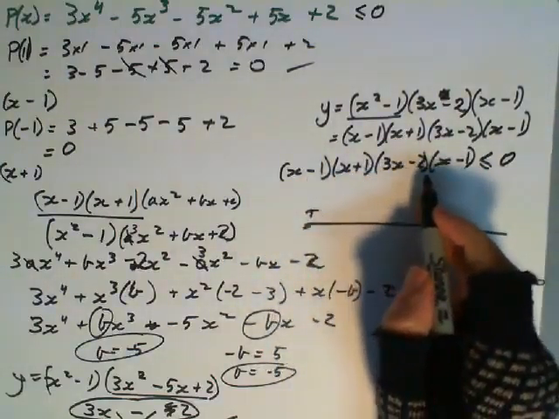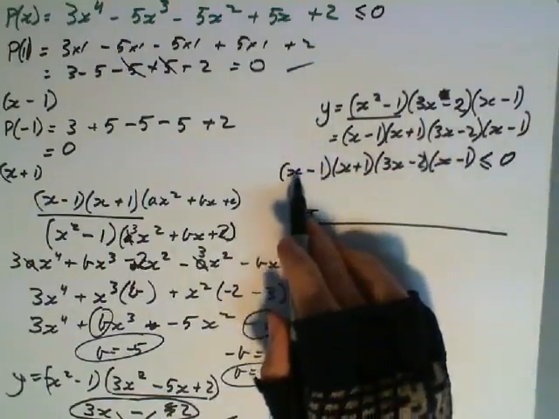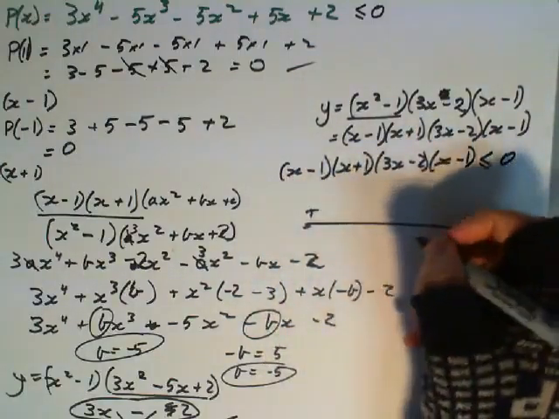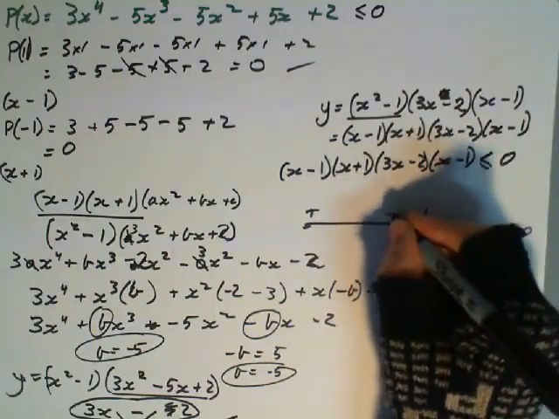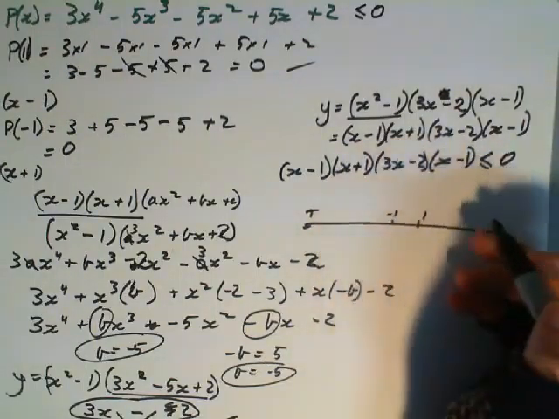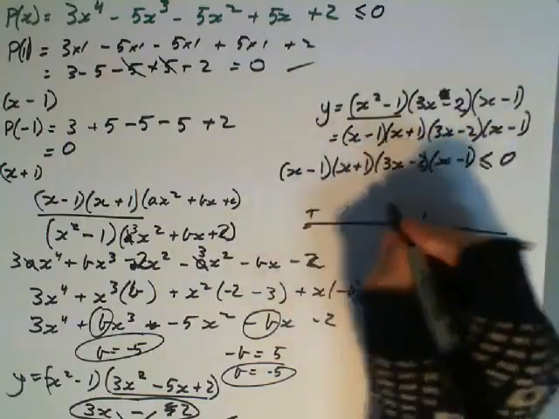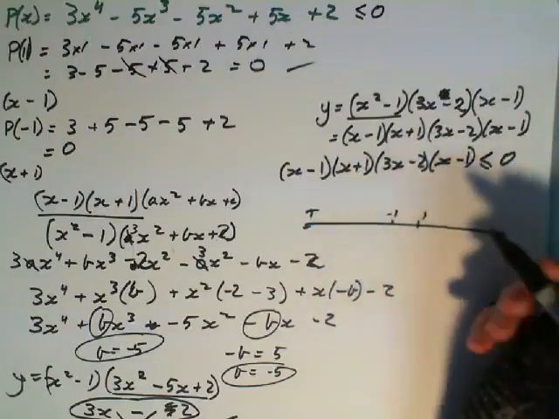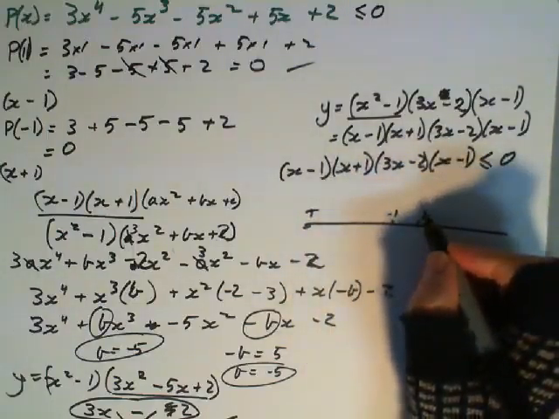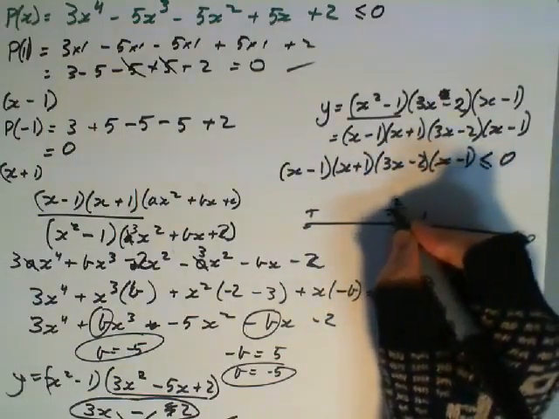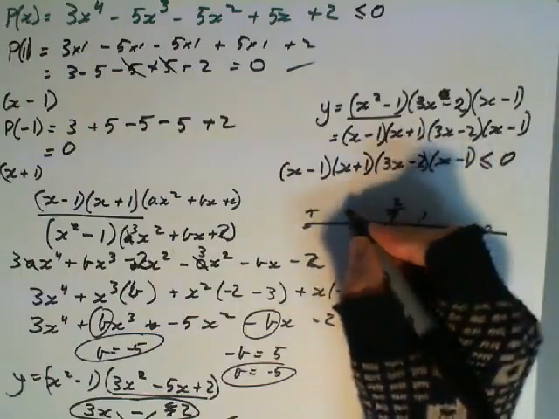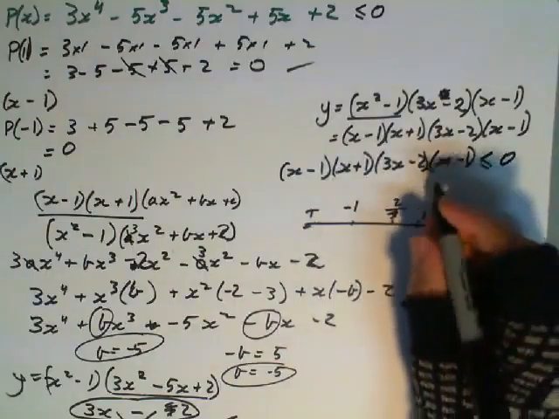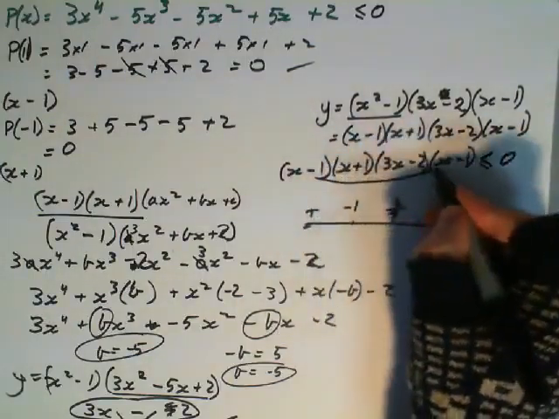Our smallest point is going to be, so solving x take 1 equals 0, x plus 1 equals 0, etc. So you have positive 1, negative 1, positive 2 over 3. Haven't spaced this out very well. So that's positive 1. We'll say this is positive 2 over 3. We'll say minus 1 over here, and we've got 2 points for minus 1, so it's going to be a double or a repeated point there.